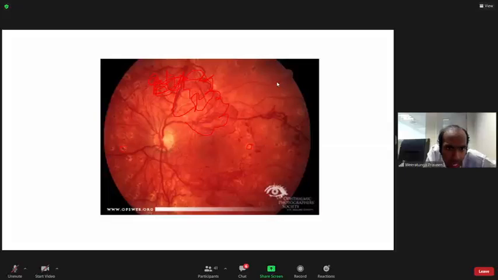These are laser photocoagulation marks, or laser burns, in the retina. The treatment, as you know, for proliferative retinopathy is laser therapy, and sometimes you can see these changes on the retina due to the burns. So this is proliferative diabetic retinopathy with laser photocoagulation marks. Very common slide.